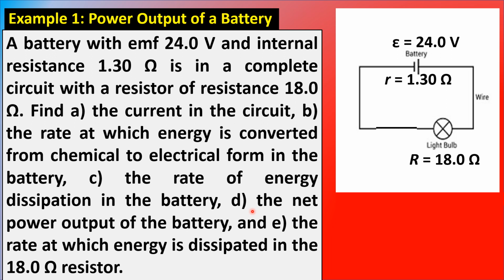Question letter D: find the net power output of the battery. And question letter E: find the rate at which energy is dissipated in the 18.0 ohm resistor. Alright, so we will have the solutions to these questions in just a short while.